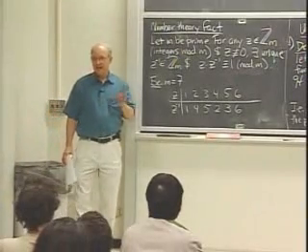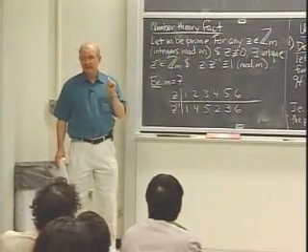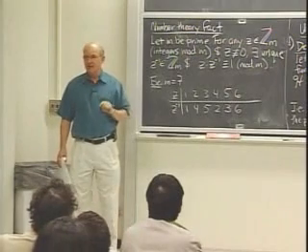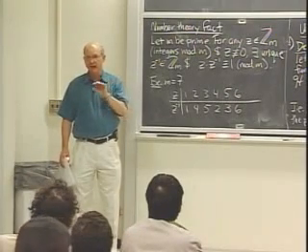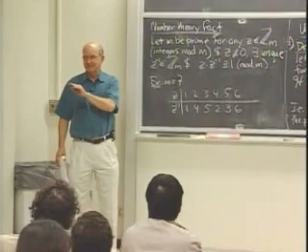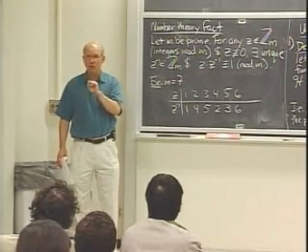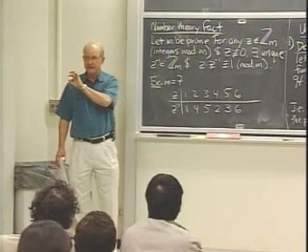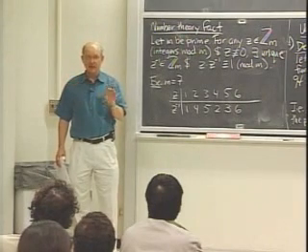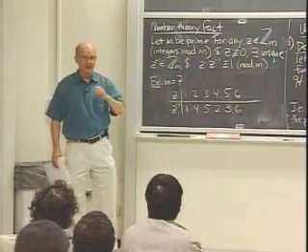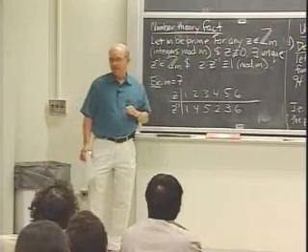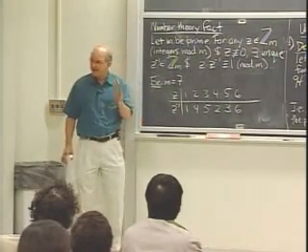More generally, something that is not relatively prime, meaning it has no common factors, the GCD is not 1 between that number and the modulus, does not have an inverse mod m.